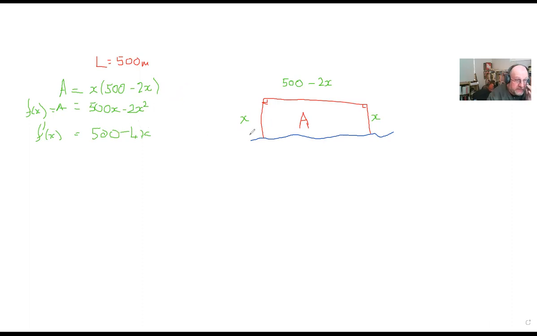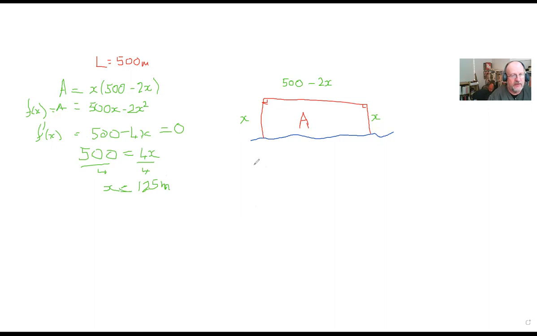When this is actually optimum, then that's going to equal 0. That's where it's going to be maxima or minima. So what we can then do is I just rearrange the equation, so all x's are on one side and everything that's not x is on the other side. 500 equals 4x. Divide both sides by 4. So x is equal to 125 meters.